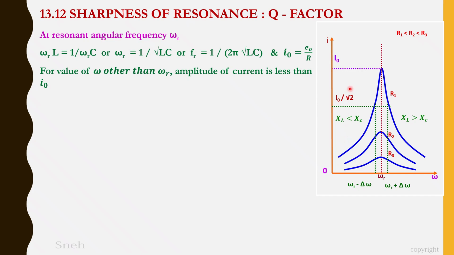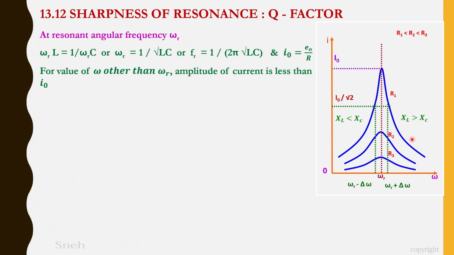Now the nature of this graph is such that as frequency goes on increasing, initially the current I0 is increasing. It attains a certain high maximum value, and again if we increase frequency, the value of I0 goes on decreasing.